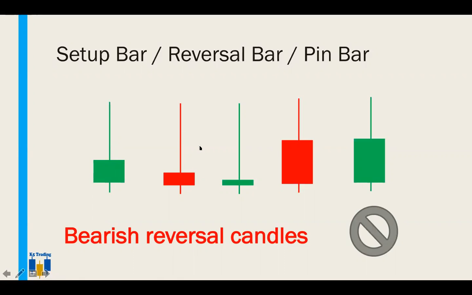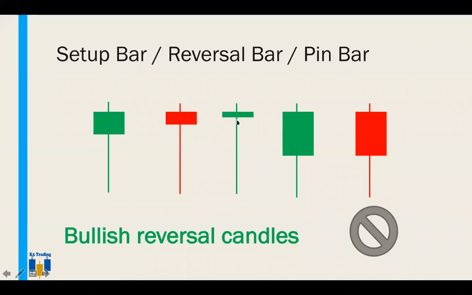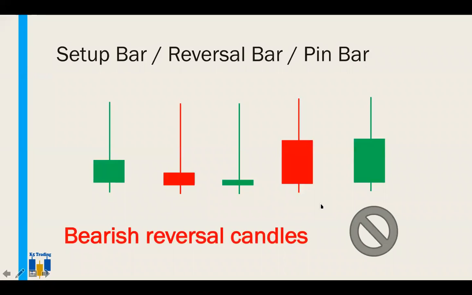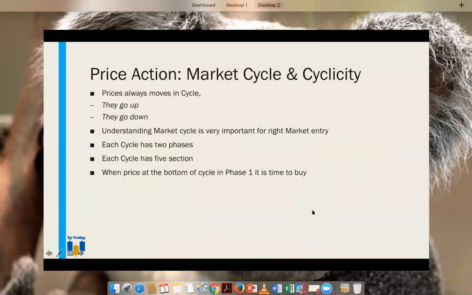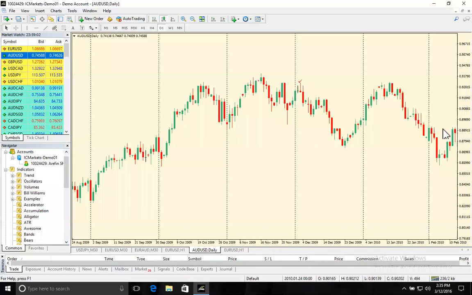So this is long high wick, long high wick, long high, long high. Here, long low, and long low. I will not pay attention to this one, because at this stage I am only looking for the bearish reversal candles. So this is the one.